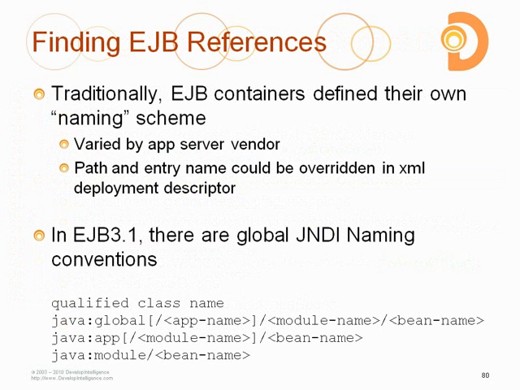So when you look at the JMX console, you could potentially see the EJB registered with JNDI 4 times, depending on how you've deployed the EJB. If the EJB is deployed just within an EJB jar, you're probably going to only see this qualified class name and the Java module bean.